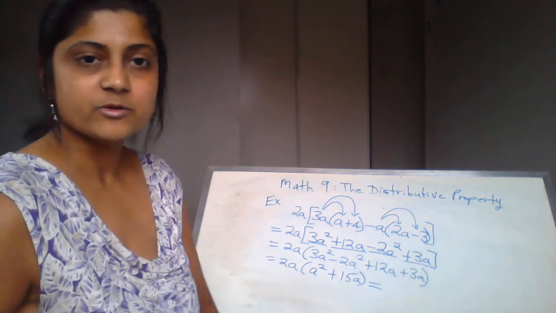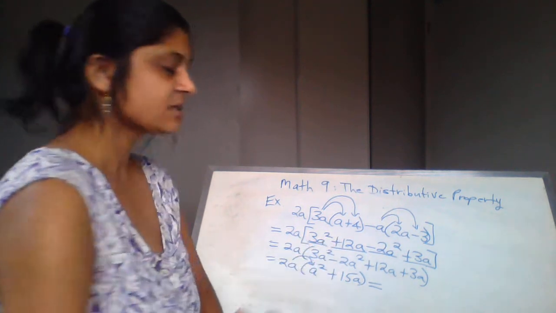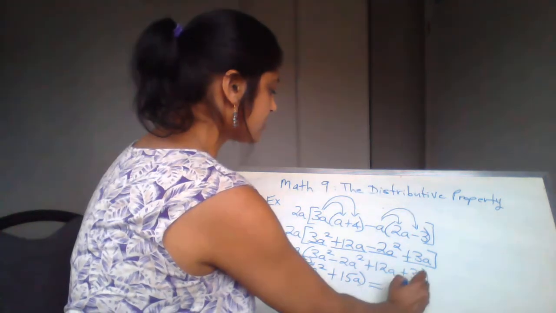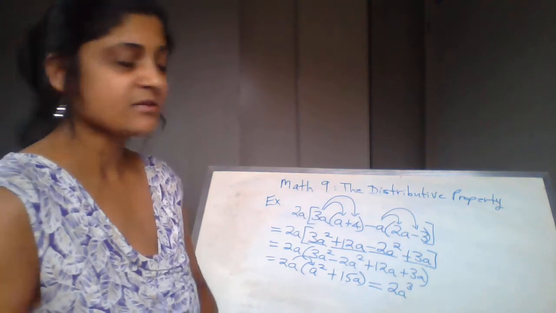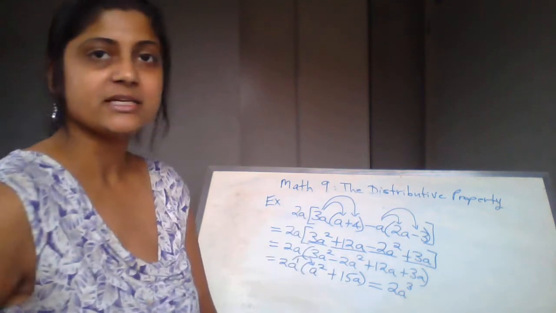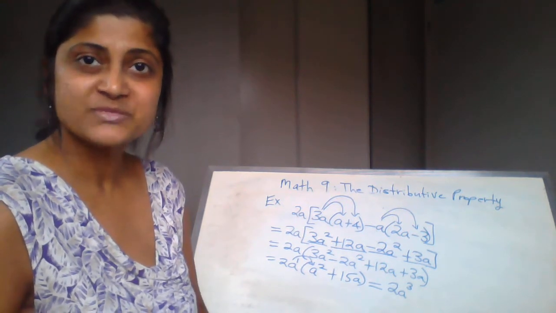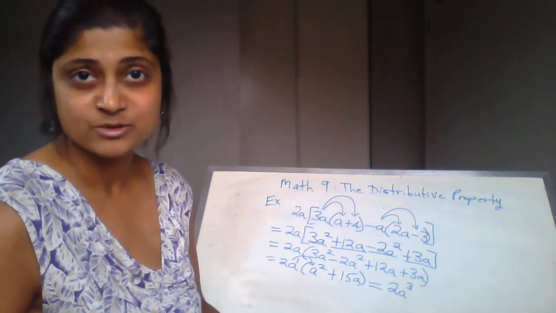Because in this last step, we're just going to open up the brackets. So I'm going to do 2a times a squared, okay? So this is going to be 2a cubed. Okay, and again, if you're not sure, we are adding the exponents together. This a on the outside is basically with an exponent of 1. So I'm just doing 1 plus 2, and that becomes a cubed. Or you could just count the total number of a variables you have.